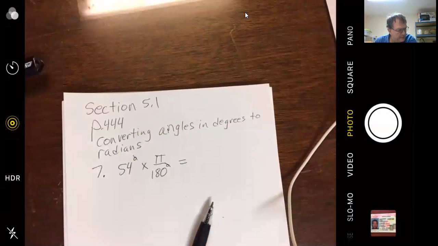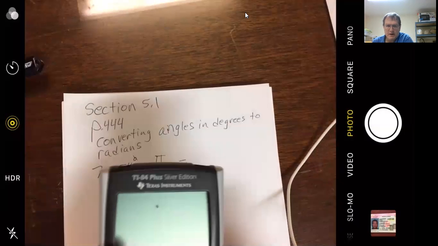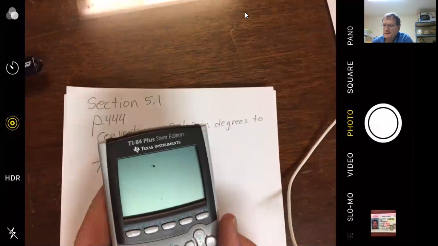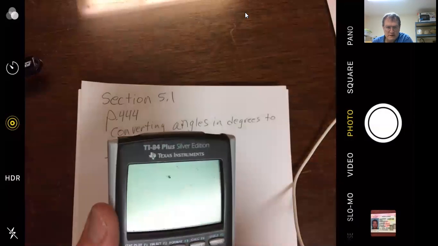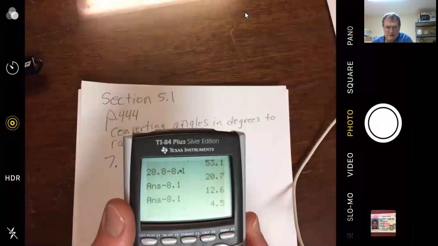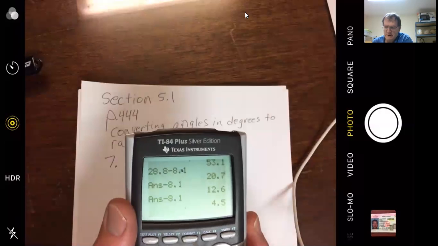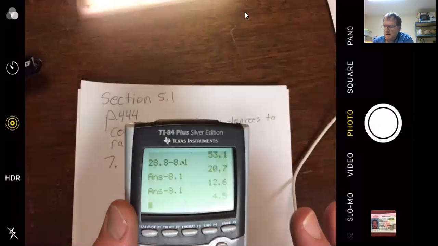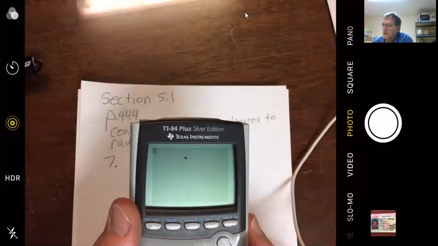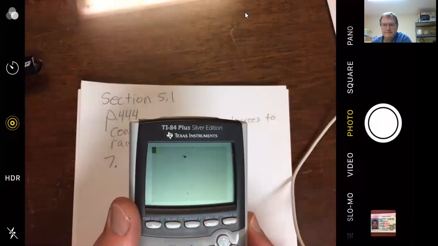punch it out. It says round to 3 places. I'm waiting for the calculator to get up on the screen. There we go. Clear it off. 54 pi divided by 180.